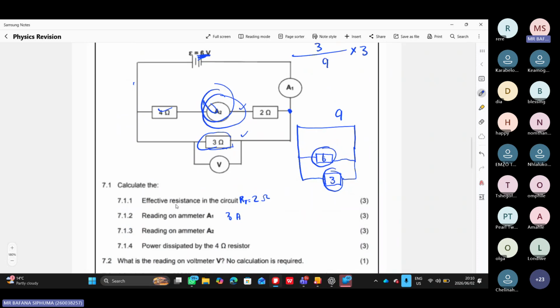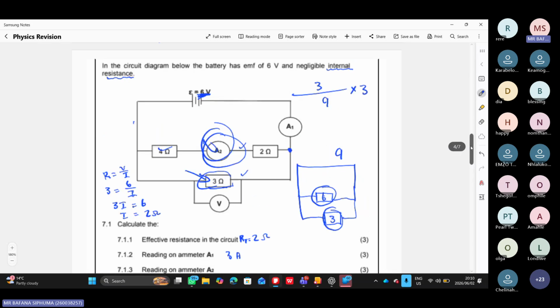You can say R is equal to V over I. You are looking for the current on the 3 ohm resistance. You will say 3 is equal to your voltage 6 divided by I. And then when you cross multiply, it's going to be 3I is equal to 6. And then I is eventually 6 divided by 3, which is 2. We get to the same answer.